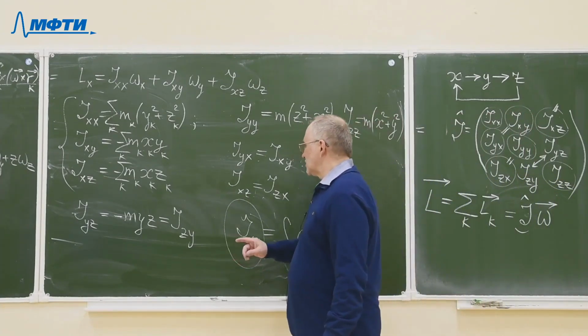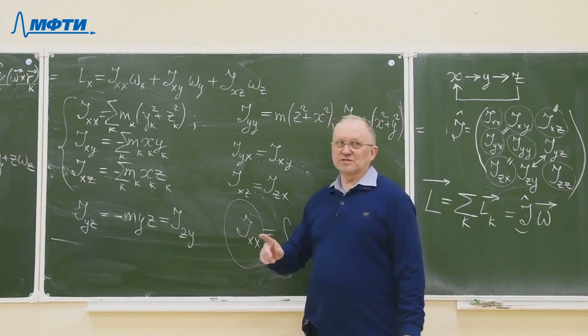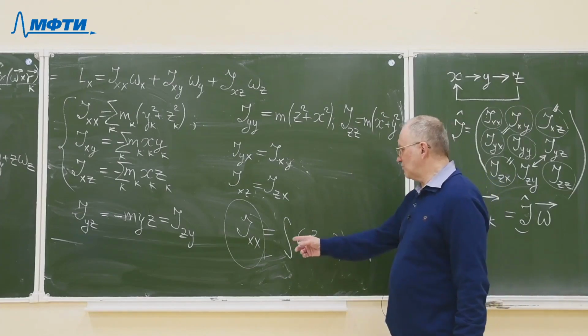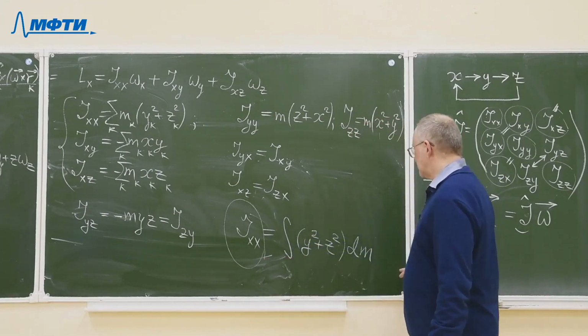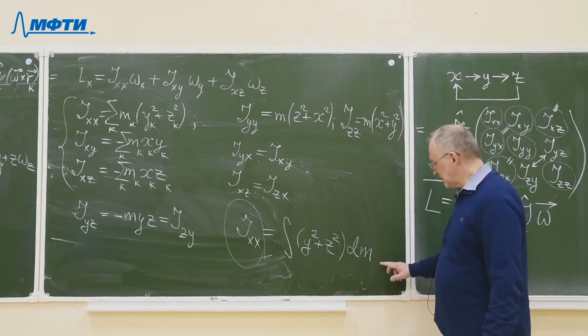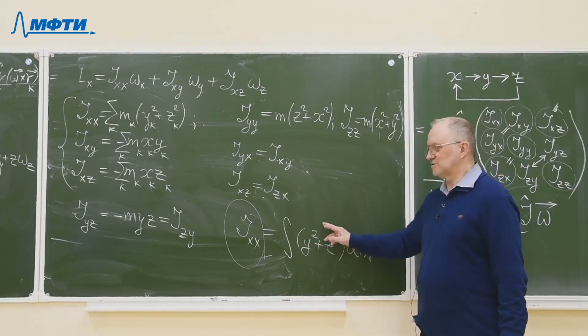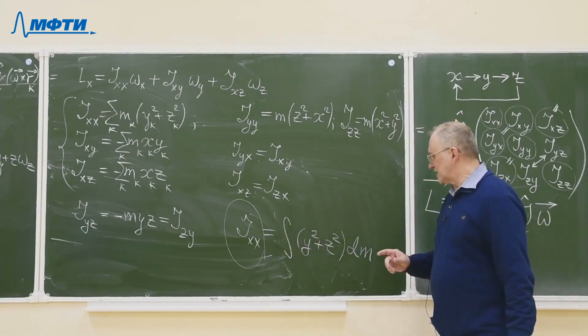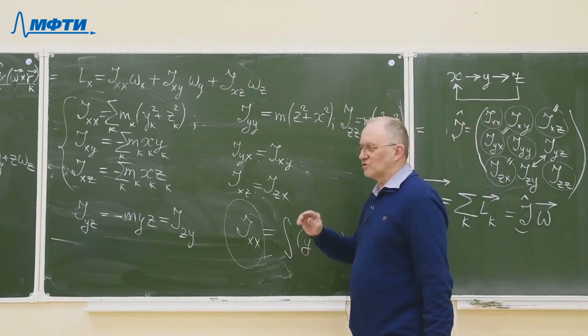The moment of inertia has the dimensions kilogram times meter squared. So each component of this tensor of inertia should have the same dimension, kilogram times meter squared. Is that correct here? Yes. The dimension is correct. That's the first indication that we made no mistake in this formula.